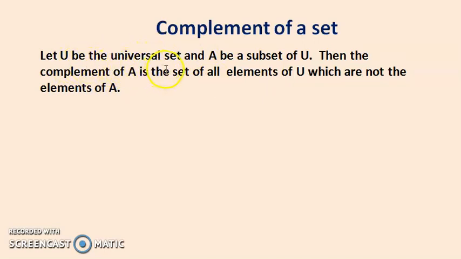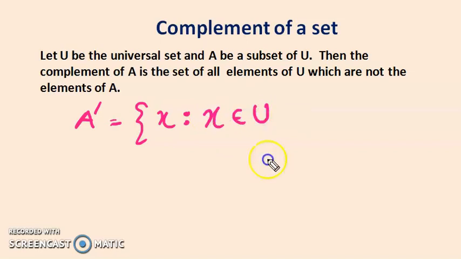Let U be the universal set and A be a subset of U. Then the complement of set A is the set of all elements of U which are not elements of set A. In set builder form, A complement is denoted as A dash, which is equal to x such that x belongs to the universal set and x does not belong to set A. This is the definition.